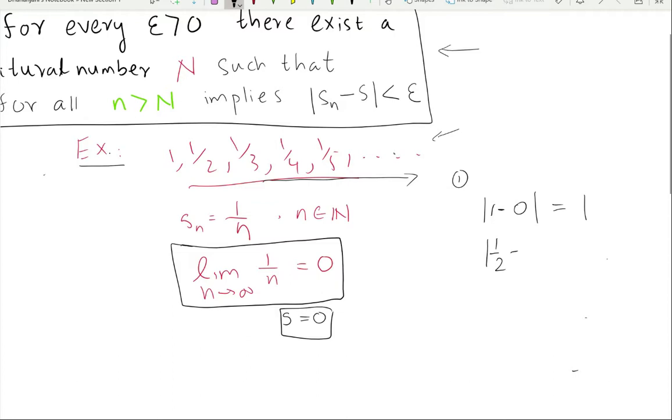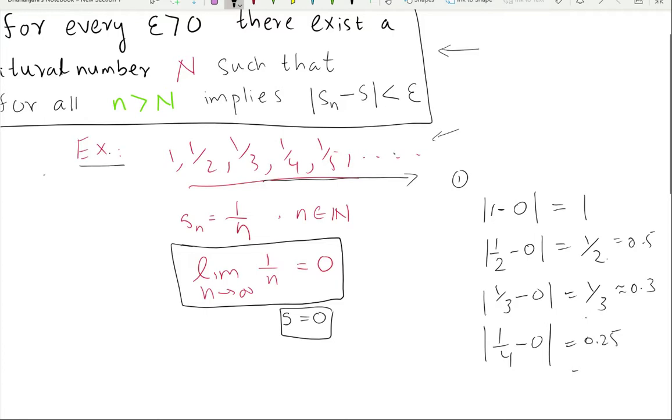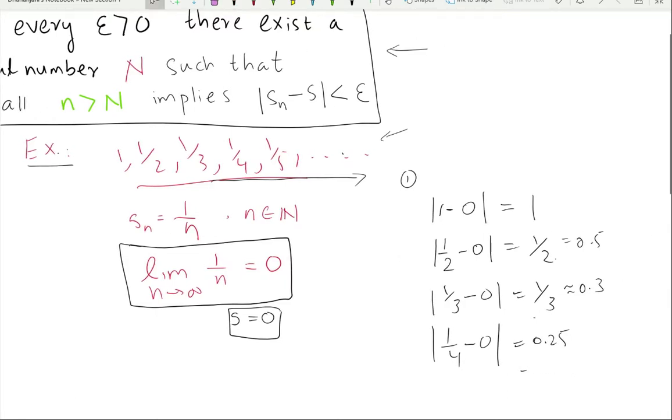The distance from the second term, which is 1/2, to 0 is 1/2, because 0 is the limit. |1/3 - 0|, the third term, is 1/3, which is around 0.3 roughly. |1/4 - 0| is 0.25. Now what I'm doing here is, let's say you are driving from Chicago to New York.